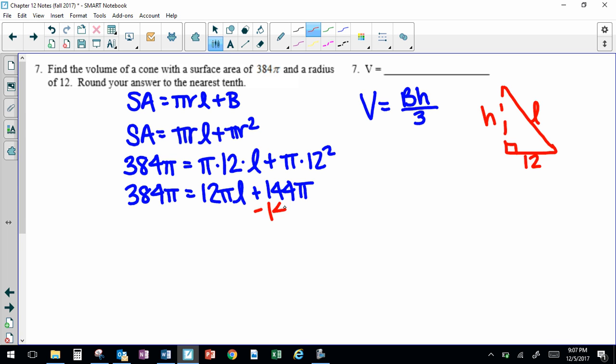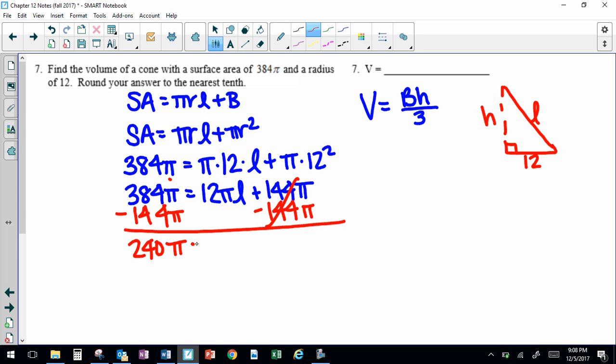So then we can subtract 144 pi. And the pi's stay, so then we end up with pi because we're subtracting. And then we end up with 240 pi equals 12 pi L. Well, we can divide off the 12 pi and leave slant height by itself.